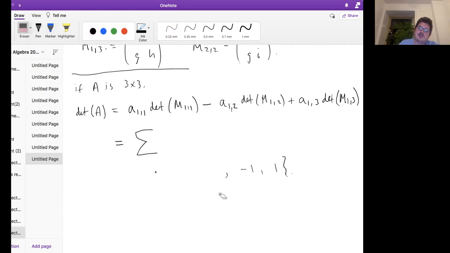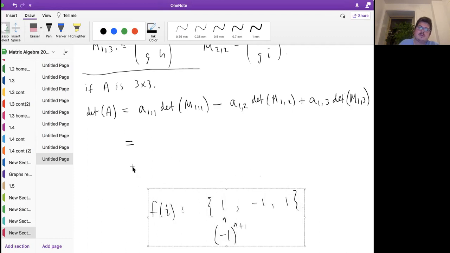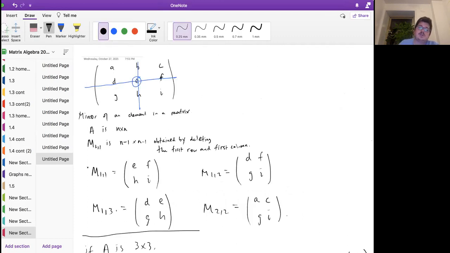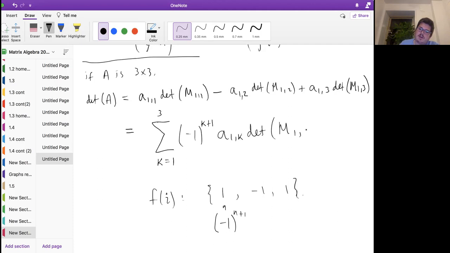But I'm going to propose a different one. Actually, we want to delete that. Different formulas will be used later. So when it's using the first row, we don't have another formula. When we're using the first row, we can use the sum from k equals 1 to 3 of -1 to the k plus 1, a1k, determinant of M1k.